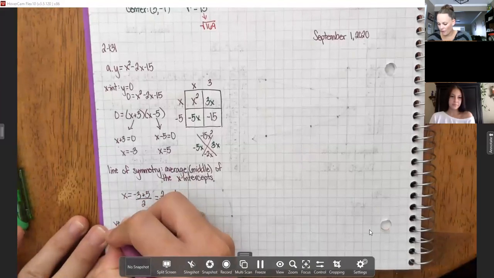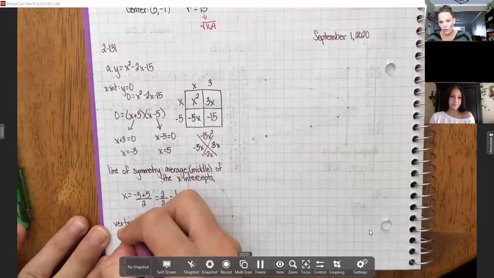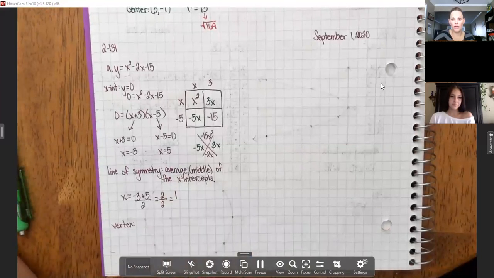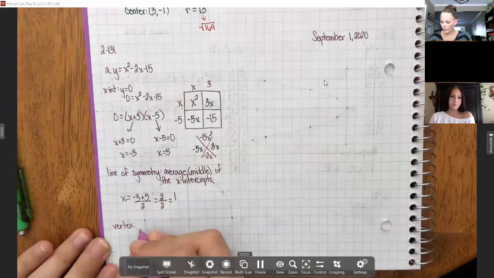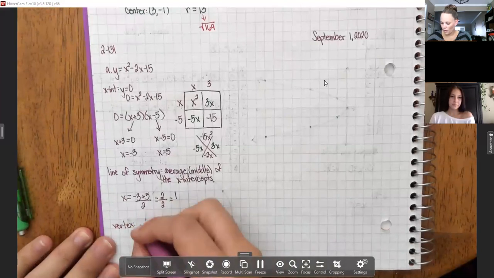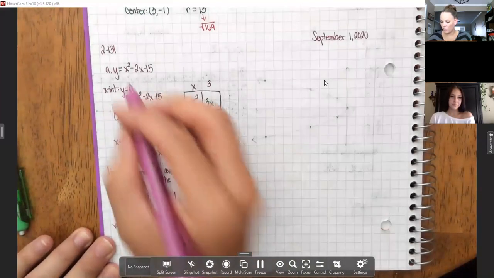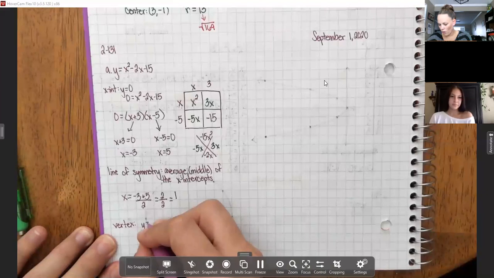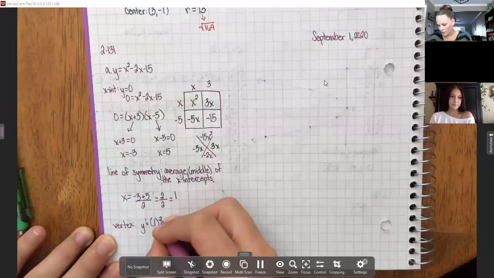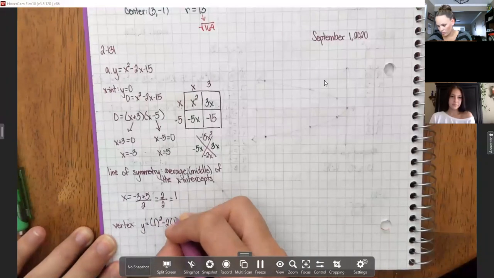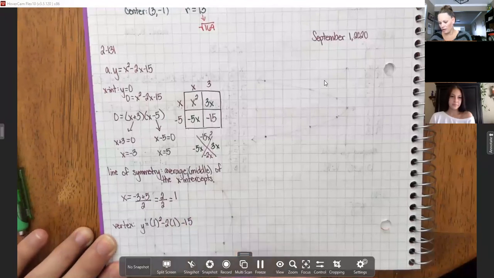So then to find the vertex, we take that x value and plug it in. So if x equals 1, we have y equals 1 squared minus 2 times 1 minus 15.